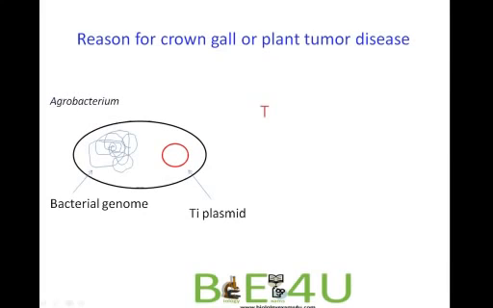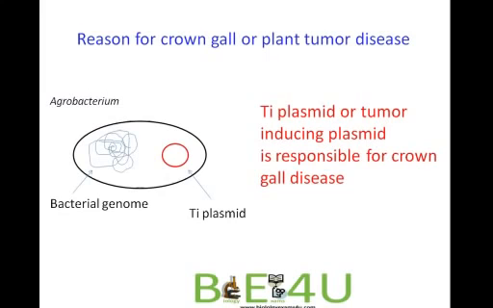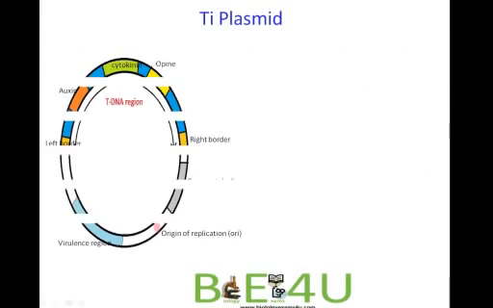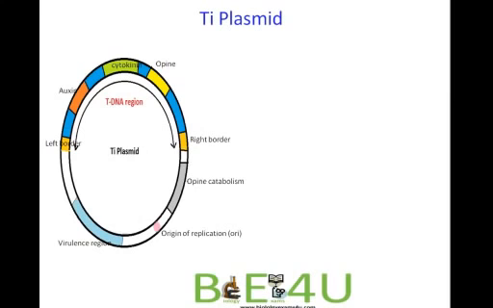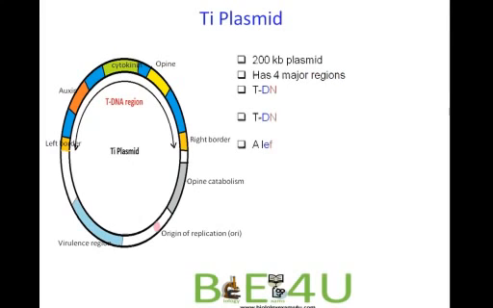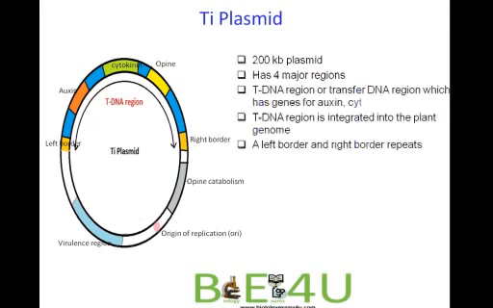Agrobacterium, apart from its bacterial genome, has a plasmid called the tumor-inducing plasmid, or Ti plasmid, that is responsible for causing crown gall disease. Now the organization of the plasmid: it is a 200 kb large plasmid and has four major regions. A tDNA region, or transfer DNA region, has genes for auxin, cytokinin, opine, etc. that will be integrated into the plant genome.